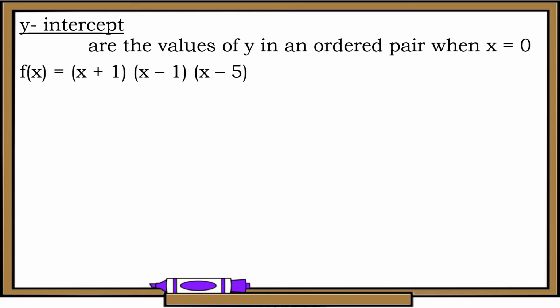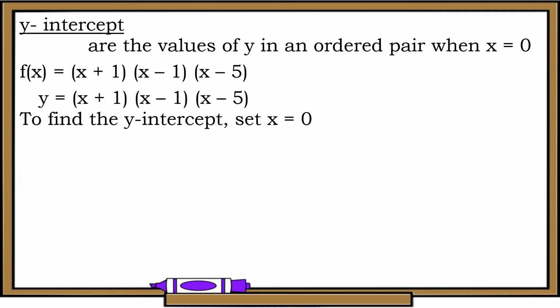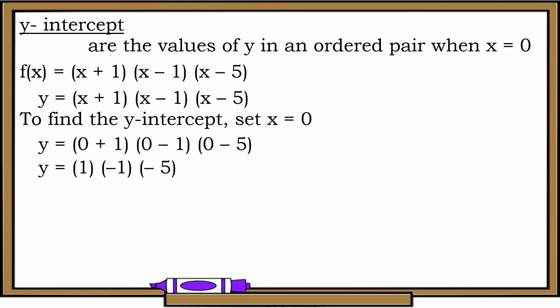So, example, gagamitin pa rin natin yung kaninang example natin, no? So, to find the value of y-intercept, yung x naman ang gagawin nating 0. So, palitan natin ng 0 lahat ng x. So, y is equals to 1, negative 1, negative 5.